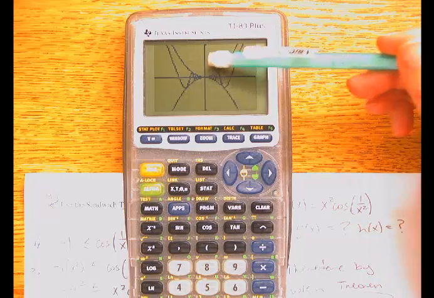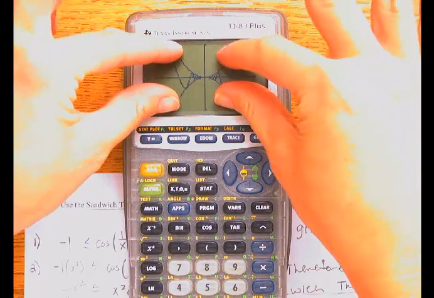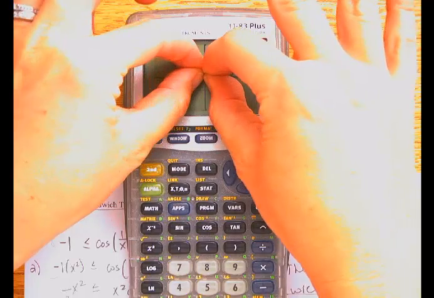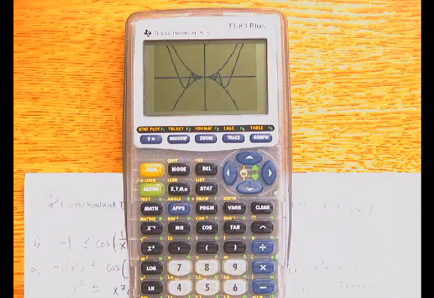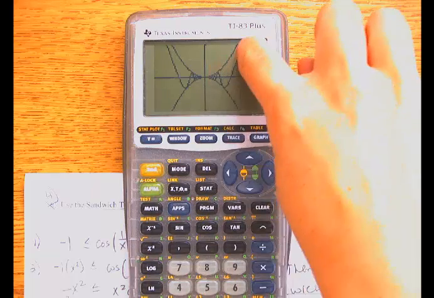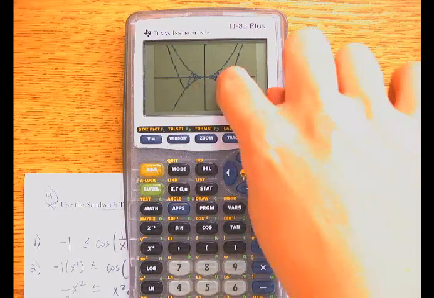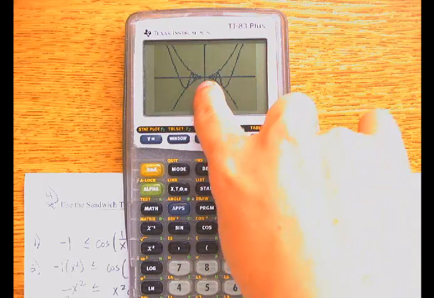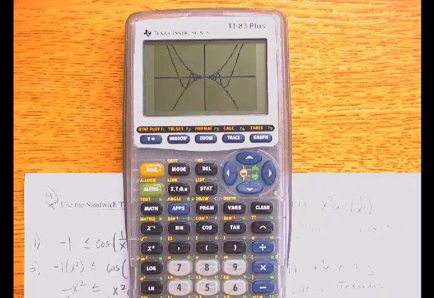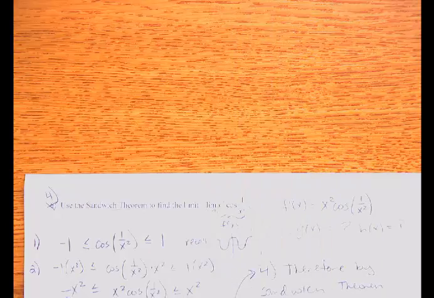And notice how they are squeezing the f of x values in to meet at 0, just like both of them did. h of x was coming down to 0, g of x was coming up to 0, f of x was oscillating, and it got squeezed to approach 0 at the same time that h of x and g of x did. And so that's sandwich theorem.